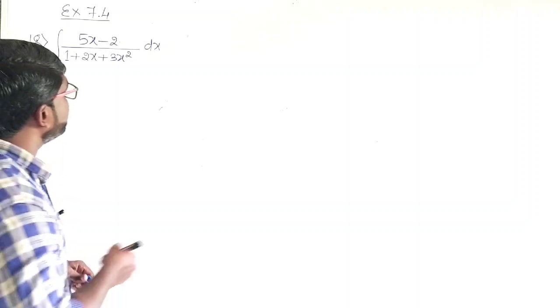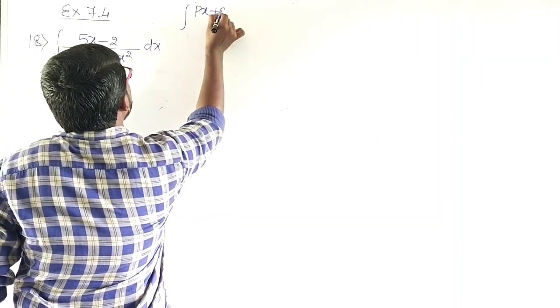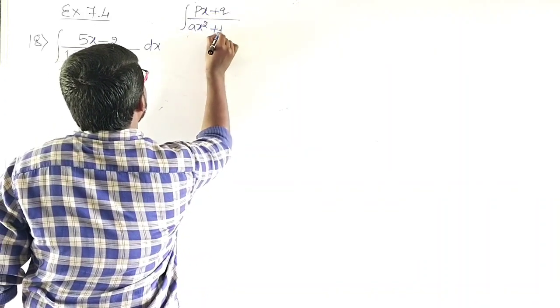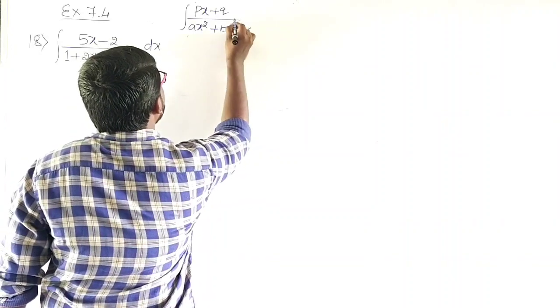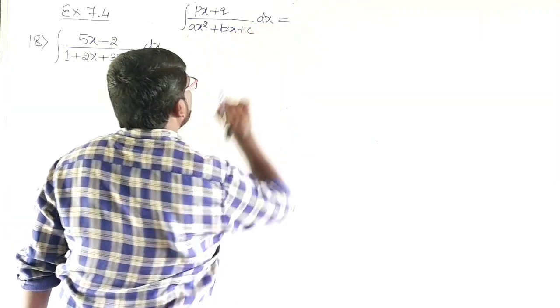Now this is in the form of integral of (px plus q) divided by (ax square plus bx plus c). If this is the case, then how do you write it?